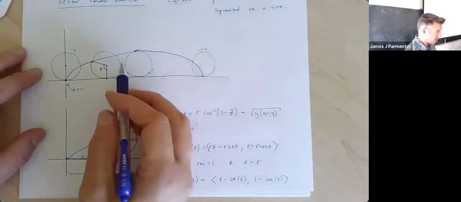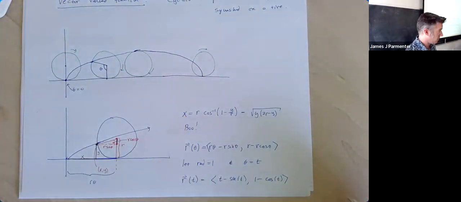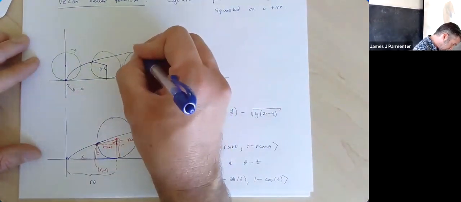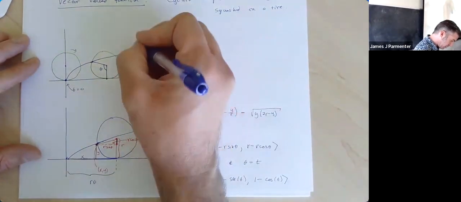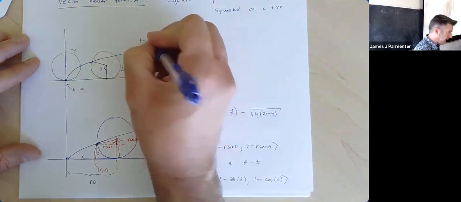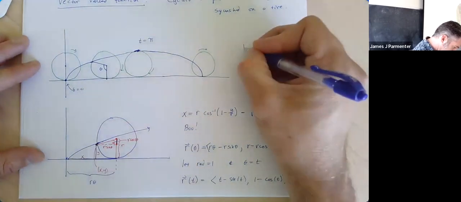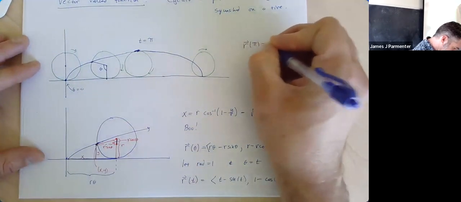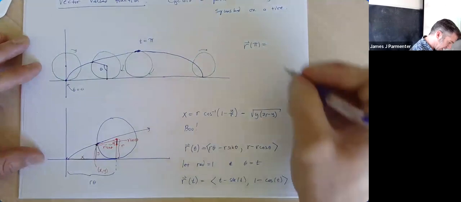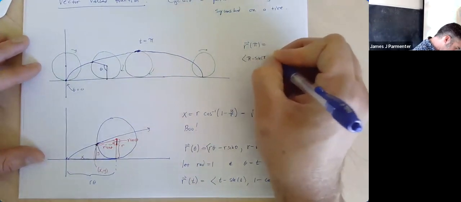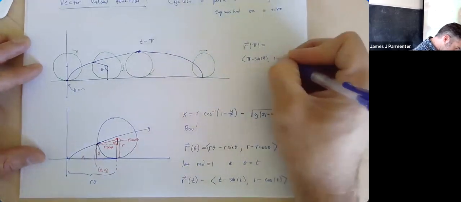So just to go back here, to make sense to me, or to make sense to everybody: if I look back here, this point here would have been when time equals pi, because that's halfway through the rotation. If we plug in pi, r of pi should be pi minus sine of pi, comma, 1 minus cosine of pi.